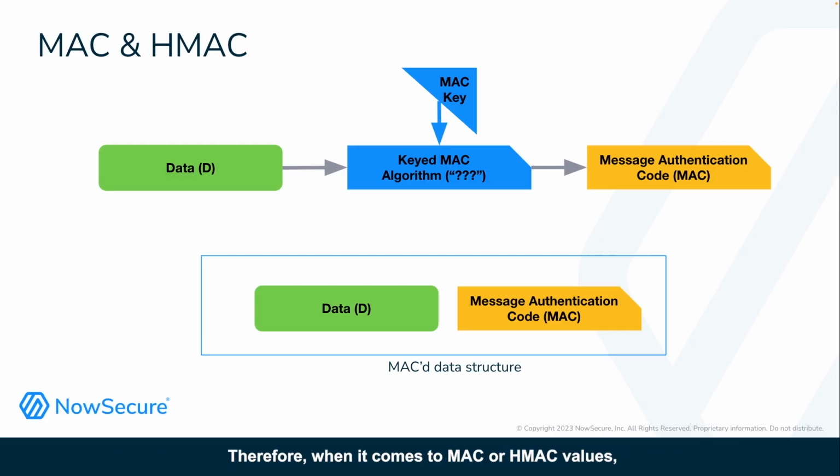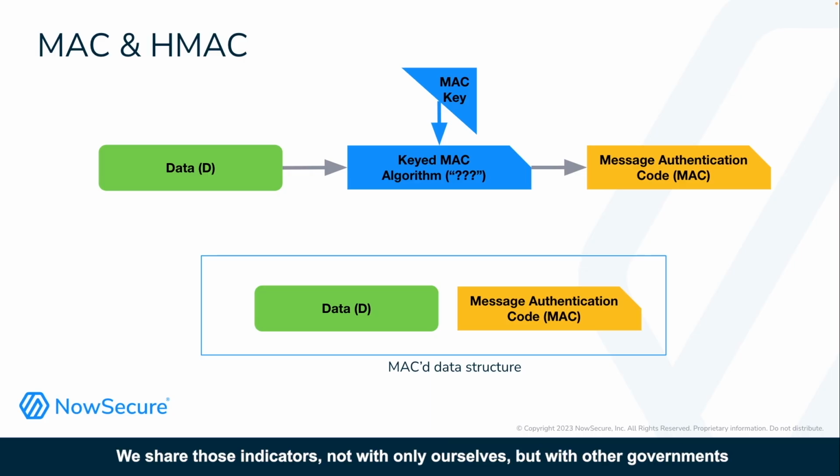Therefore, when it comes to MAC or HMAC values, we would use a secret key as part of the calculation. This key is circulated amongst all the parties. To reference the passport analogy, the key in that case would be the watermark or the hieroglyphics on the passport itself.